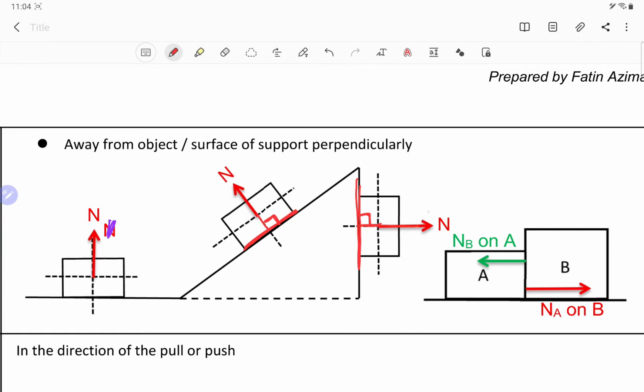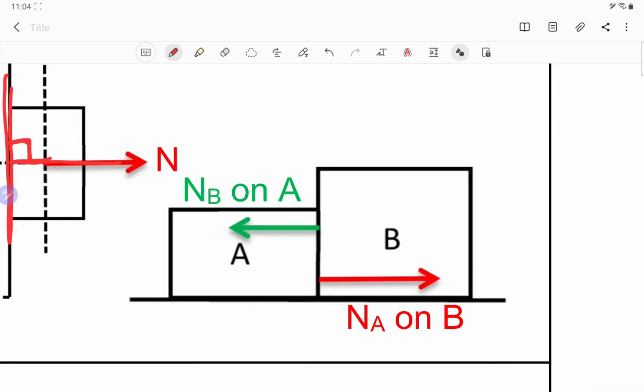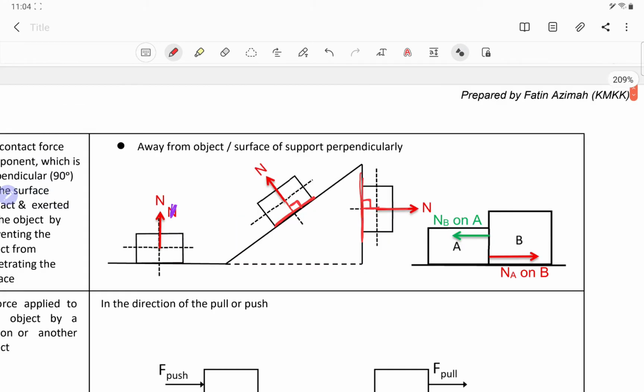So this is the normal force. When we have two objects in contact in this position, object A akan menyebabkan normal force pada objek B, dan objek B akan menyebabkan normal force pada objek A. So the keyword over here, normal force will exist when two objects are in contact, bersentuhan.